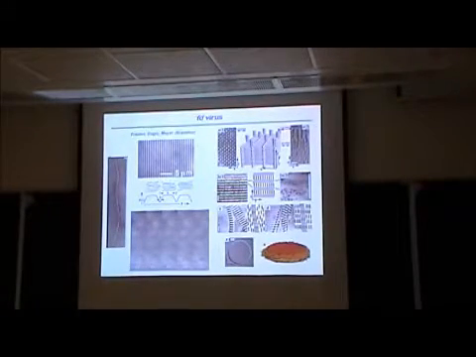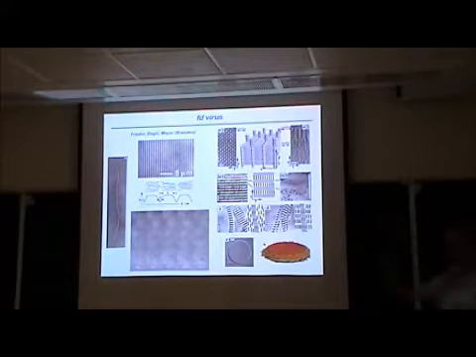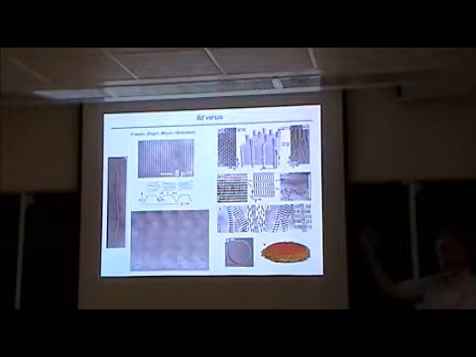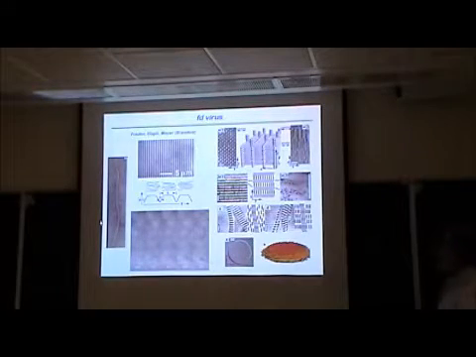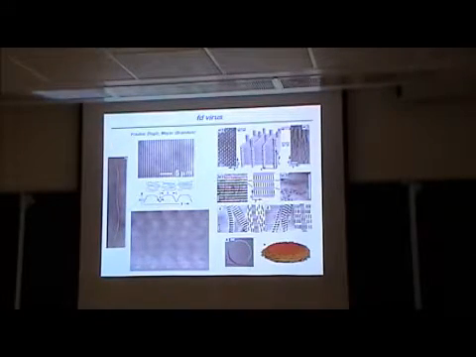We're sort of doing that, but here, this is the group at Brandeis. They are using fd virus, which is a virus that's almost a micron long and about 60 angstroms in diameter. So it's a semi-flexible polymer.